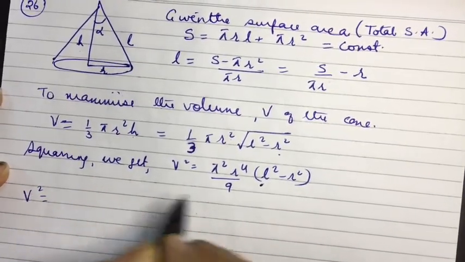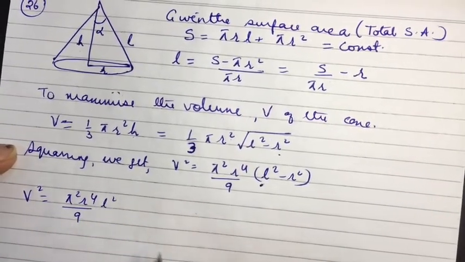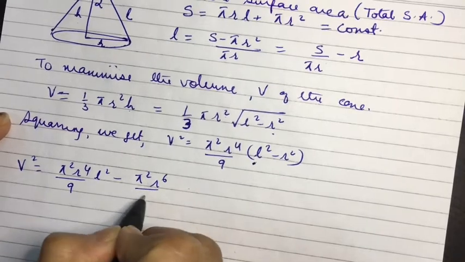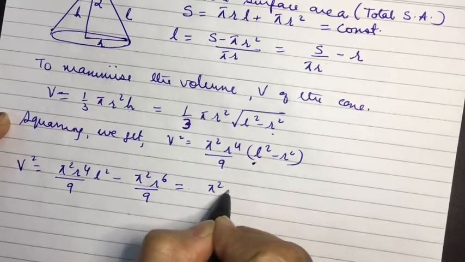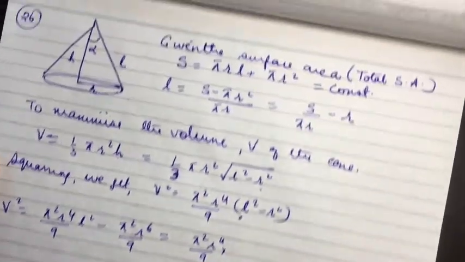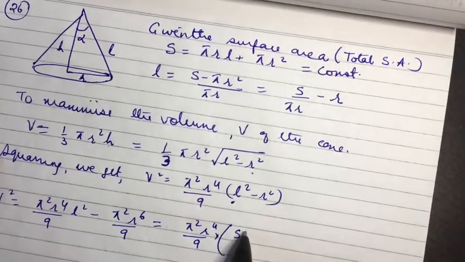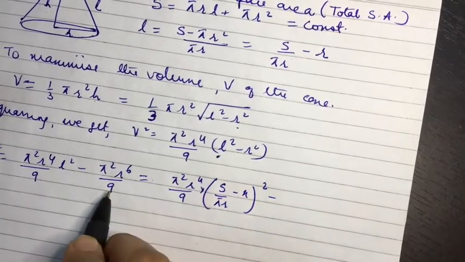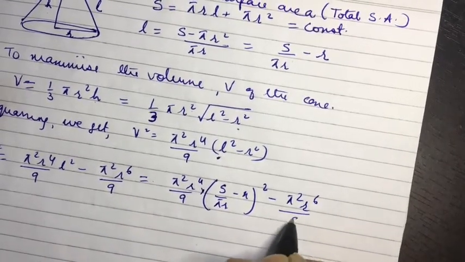So we get V square equal to pi squared r4 over 9 into L square minus pi square r6 over 9, which is equal to pi square r4 over 9 into, in place of L we write s over pi r minus r whole square, minus r6 over 9.